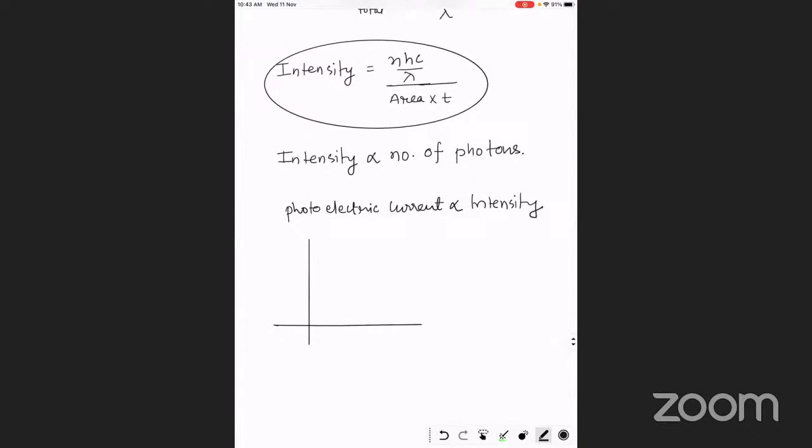So we make a graph between these two. What kind of graph will we get? Photocurrent and intensity on x-axis. The graph should be a straight line. This is very important. Draw this graph.